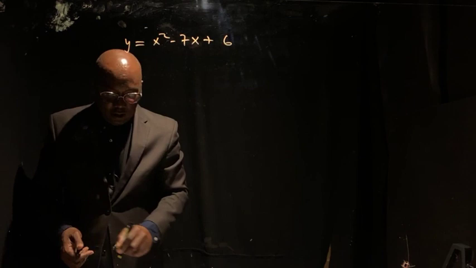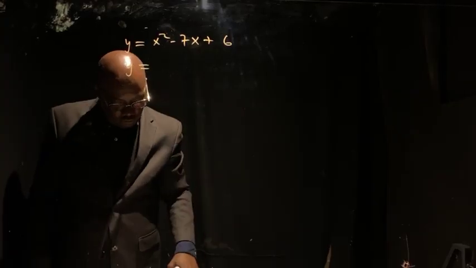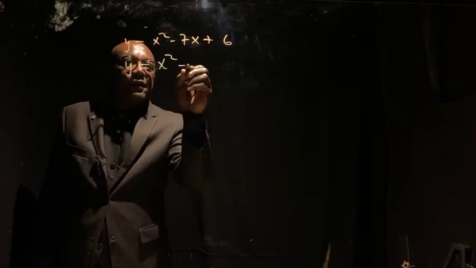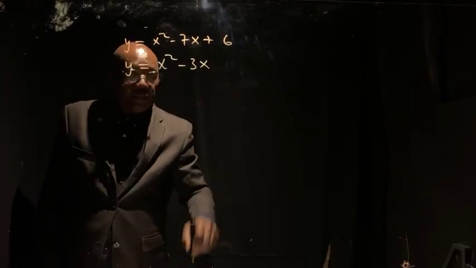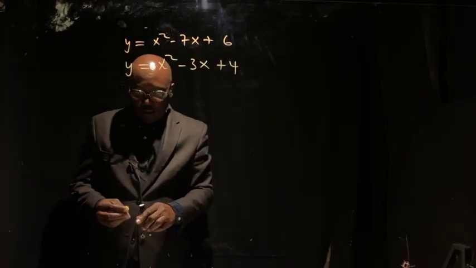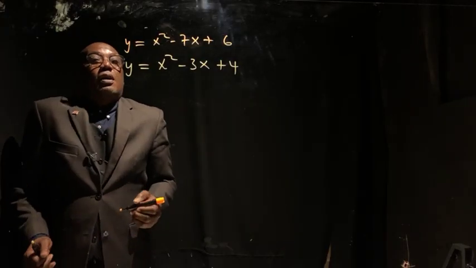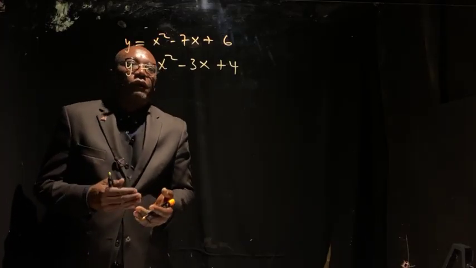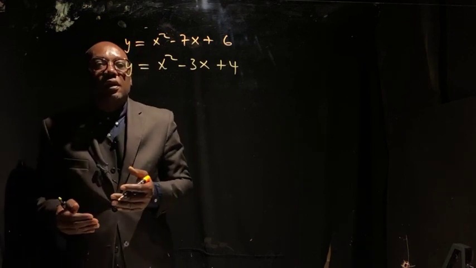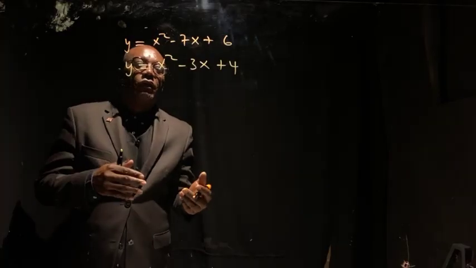And the second one says y equals s squared minus 3x plus 4. We are to show that these two curves intersect but once. How do we do that? Two curves, or a curve and a line, or a line and a different line, or a curve and another different curve.